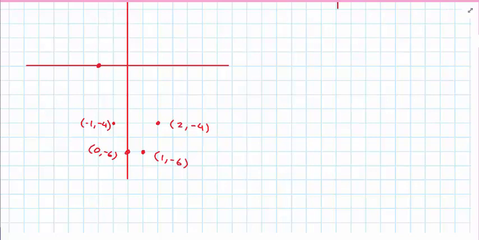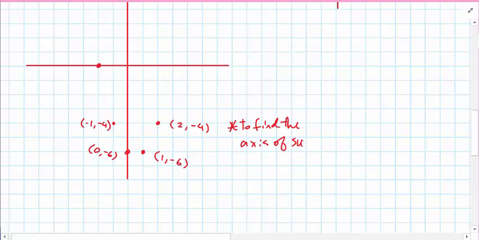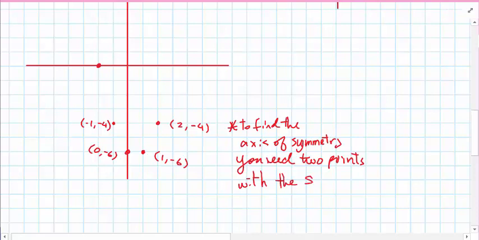So write that down, please. To find the axis of symmetry, you need 2 points with the same y values.